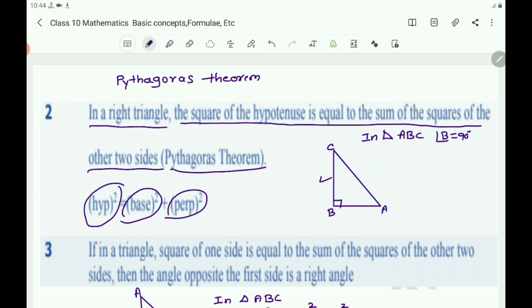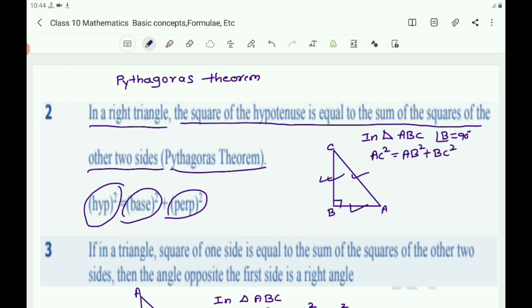So the square on the hypotenuse, AC square, equals the sum of the squares on the other two sides, that is AB square plus BC square. That is, the square of the hypotenuse is equal to the sum of the squares on the other two sides. That is the statement of the Pythagoras theorem.